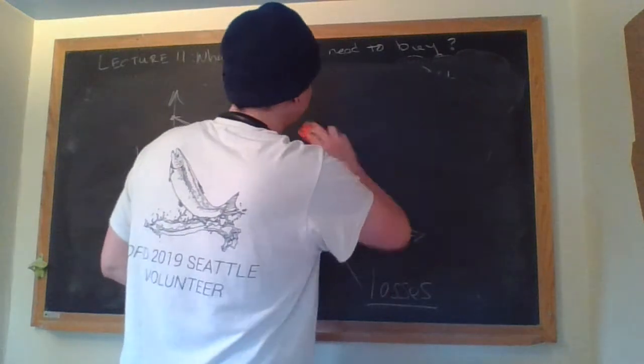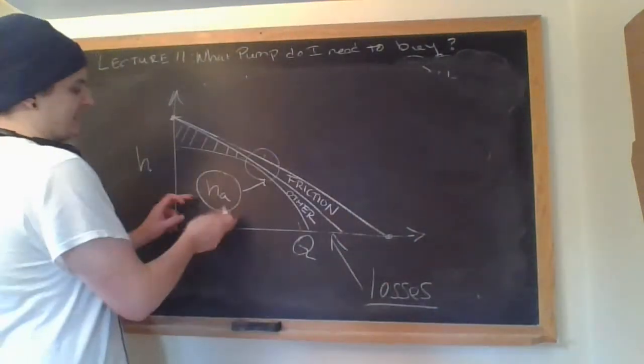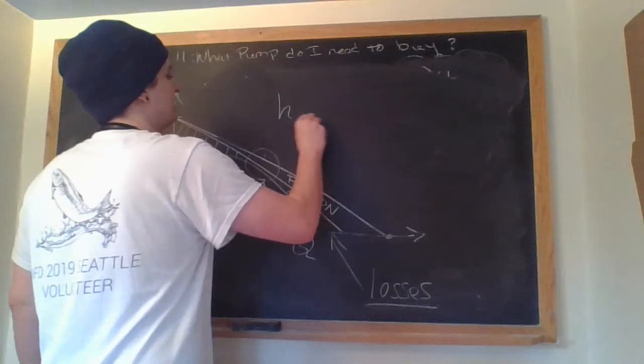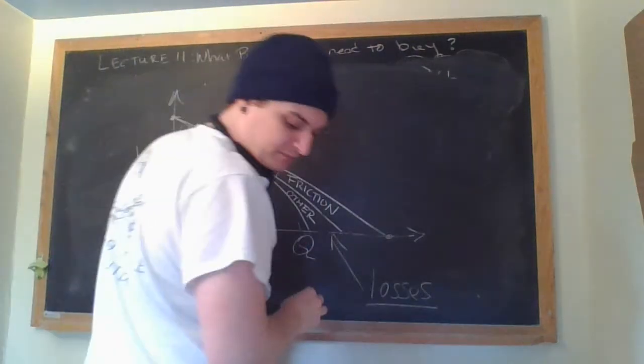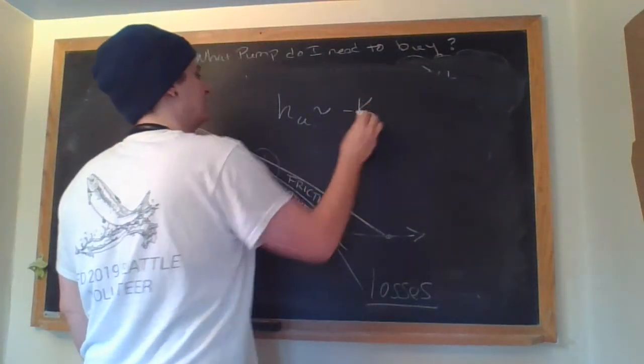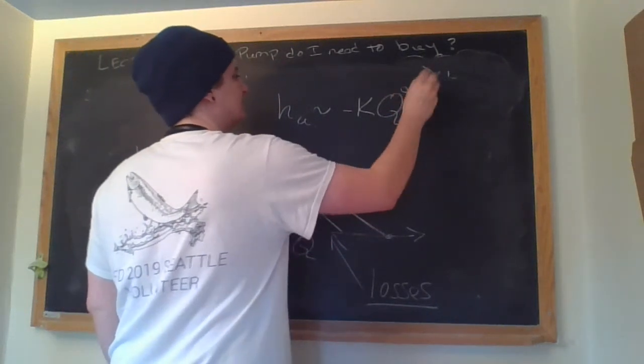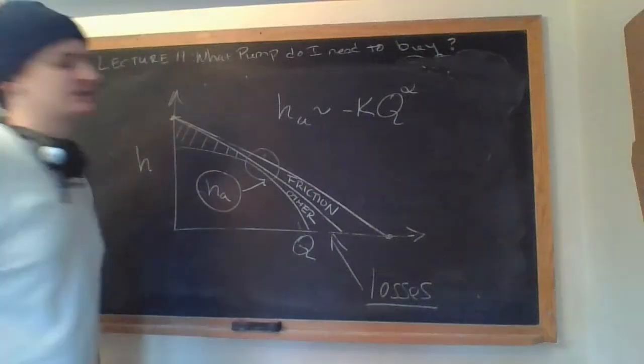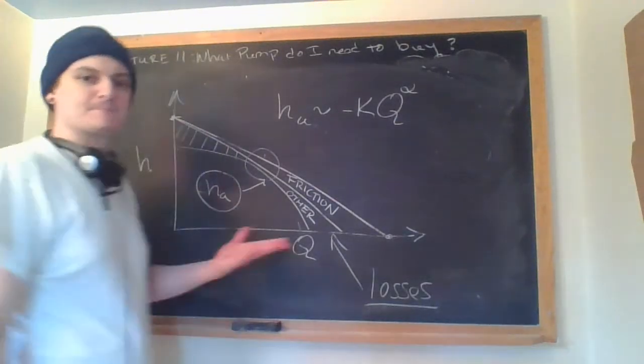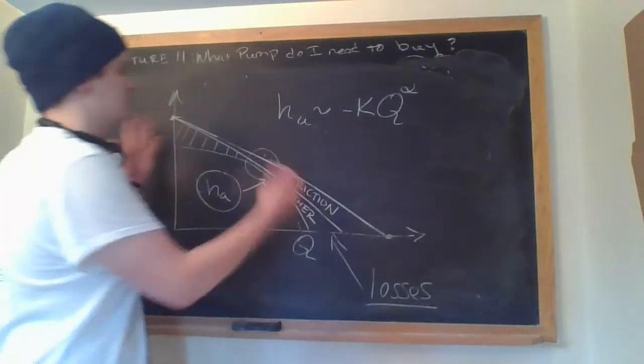Importantly, whatever these HAs are, HA usually just looks like some negative coefficient and then Q to some alpha. They all can be modeled through data.